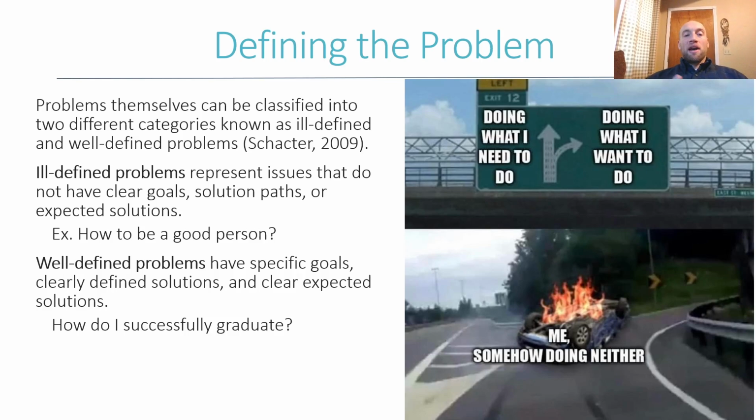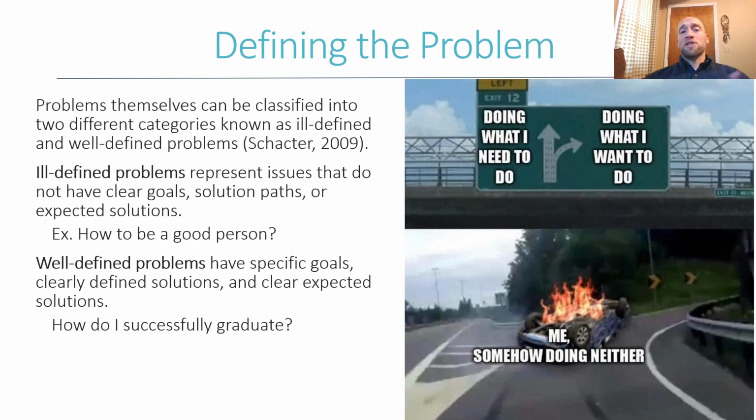And this is a whole line of work in terms of how people approach these two types of problems. But in terms of the definitions surrounding this, there are ill-defined problems and there are well-defined problems. And they are exactly how you think they sound. Ill-defined problems represent problems that don't have clear goals.